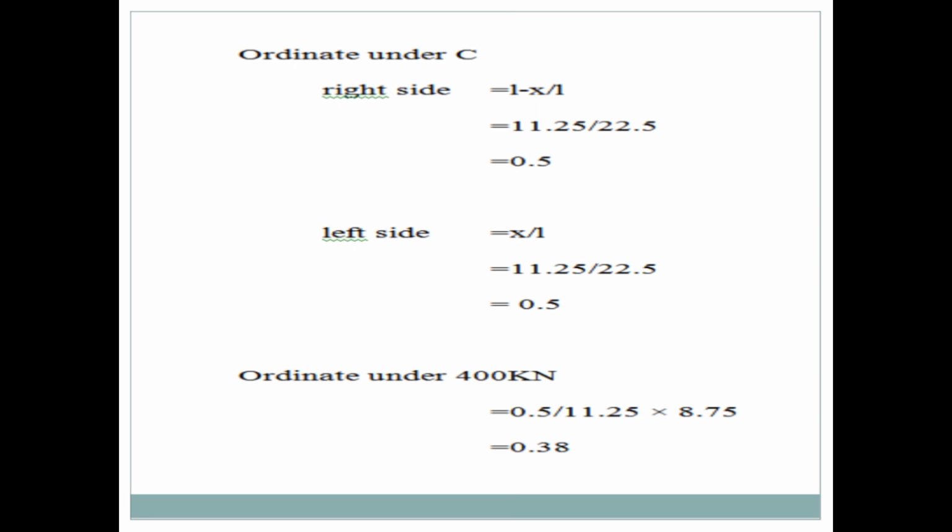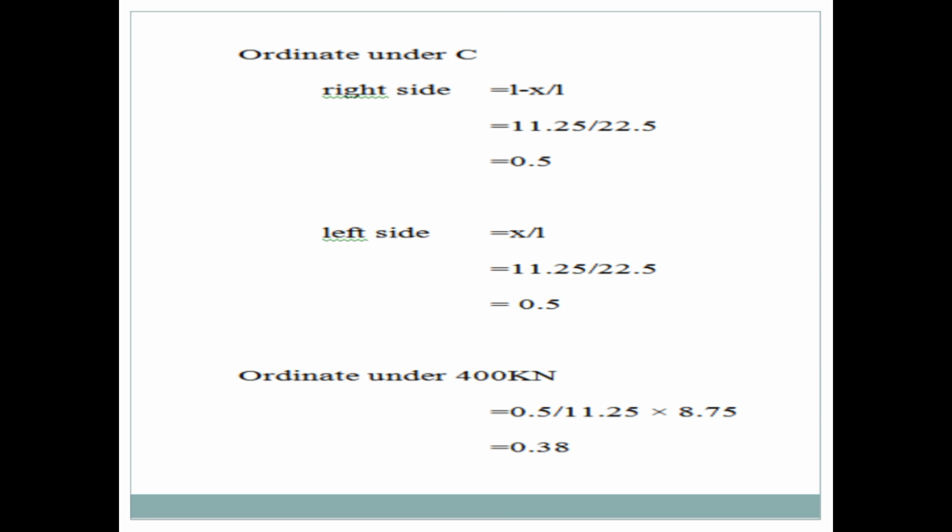Next, ordinate under C. Right side is equal to L minus X by L is equal to 11.25 divided by 22.5, that is 0.5. And left side X divided by L, 11.25 divided by 22.5 is equal to 0.5.